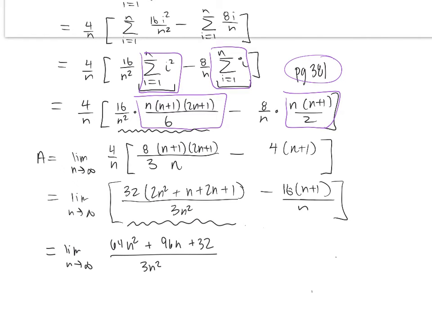Use what you know from algebra 2 or pre-calculus. If the ratios in the top and bottom match, where's that going to go? 64 thirds. Okay. How about the next one? Minus the limit as n goes to infinity of 16n plus 1 over n, or plus 16. Where's that going to go? Minus 16. And so this equals 16 thirds.